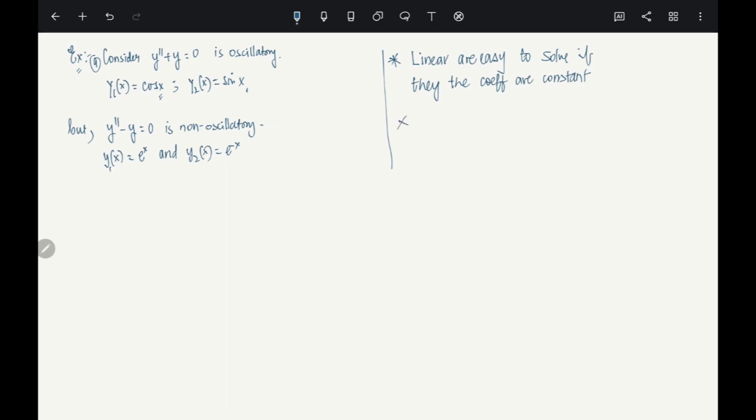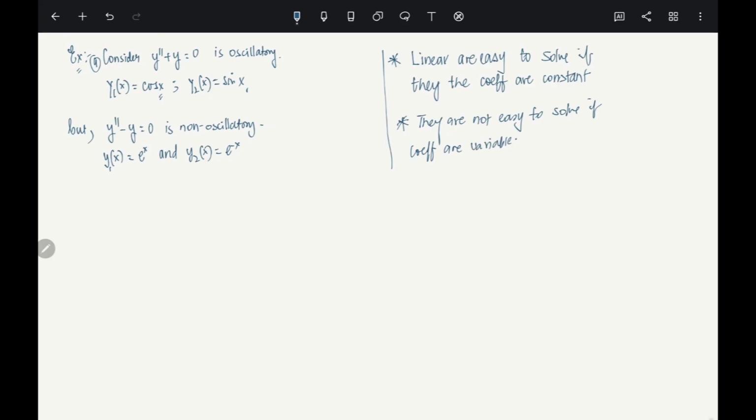Clear? Now if the coefficients are not constant, they are not easy to solve. They are not easy to solve if the coefficients are variable.